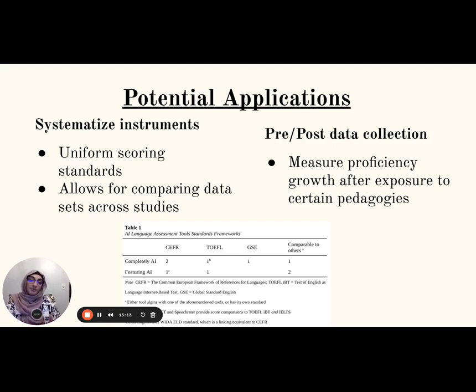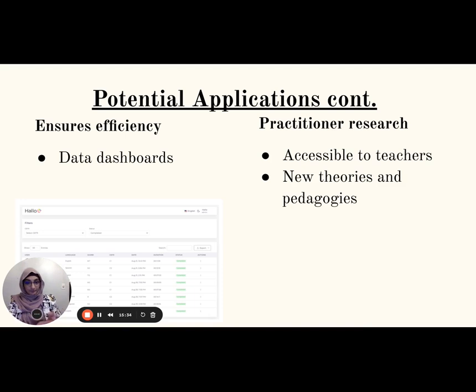It also can provide us with rich pre- and post-data collection if the goal of the study is to measure proficiency growth after certain pedagogies or after certain strategies or after certain teacher perception exposures. So it can provide us timely data at the pre- and post-level of research.